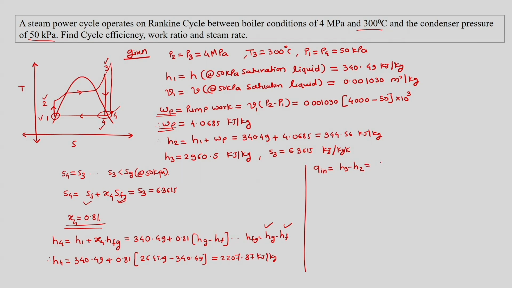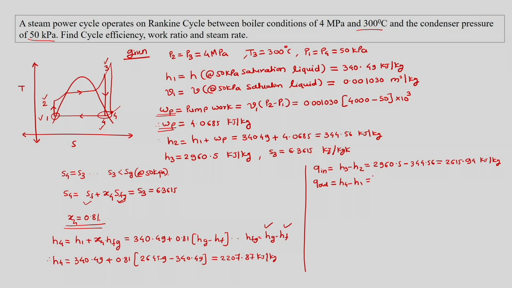H3 is 2960.5 minus H2, which is 344.56, and this gives us Q in as 2615.94 kilojoule per kg. We can also find out Q out, and Q out will be H4 minus H1.